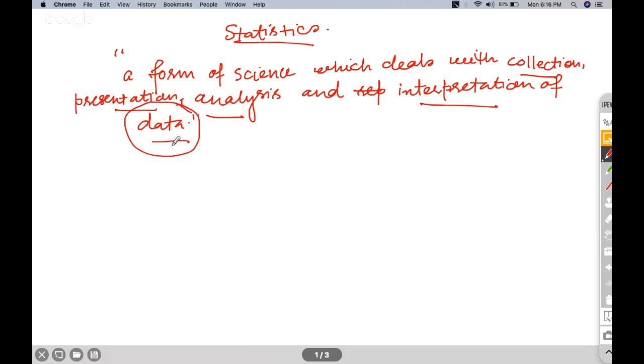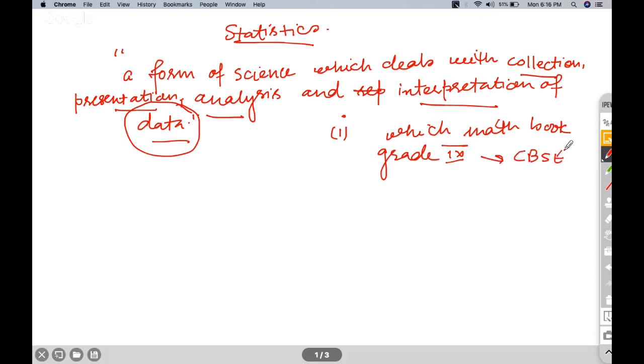Now, why statistics? Try to understand. I want to know a pattern of which math book grade 9 students across India, CBSE board, prefer. If I want this information, I'll start collecting data.